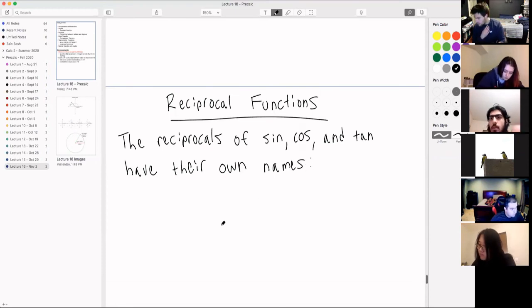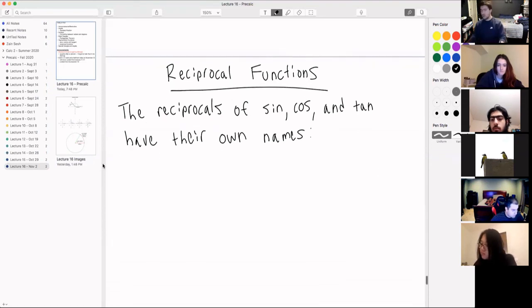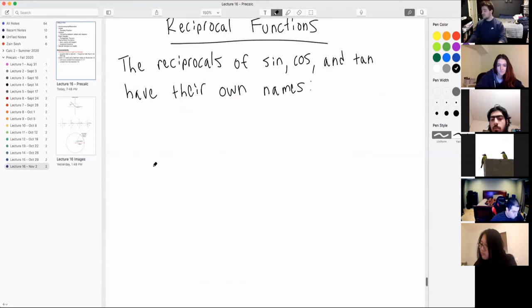Just recall that the reciprocal of a number b is the number 1 over b. So we're going to look at 1 over sine, 1 over cosine, and 1 over tangent. Those are, by definition, the reciprocals. Each of those has its own name.